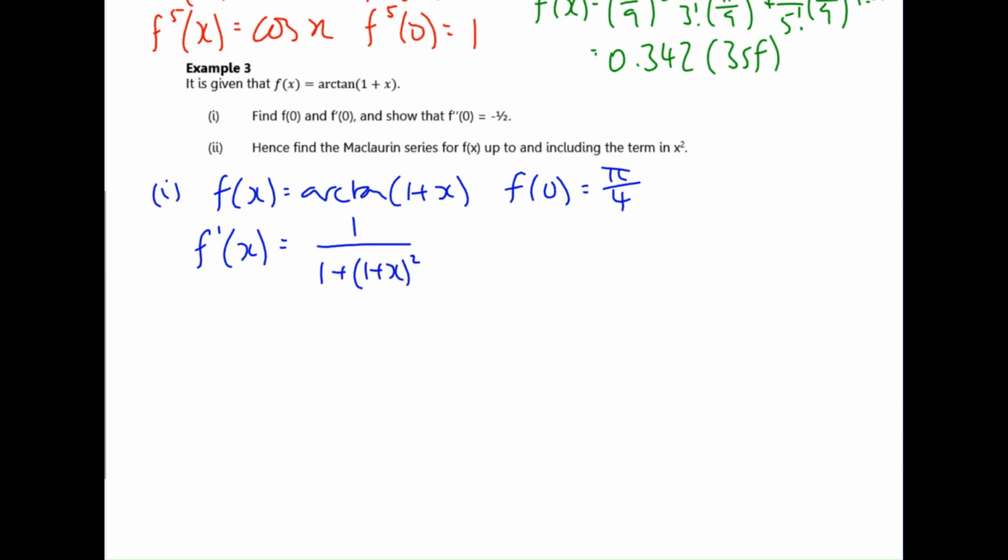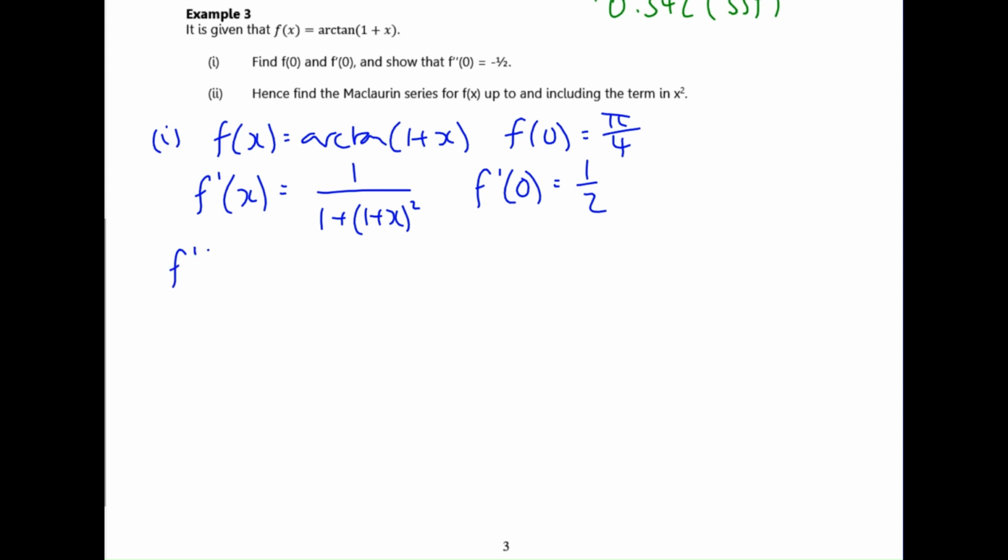So when you differentiate arctan x, you get 1 over 1 plus x squared. In this case, we've got a 1 plus x instead of that, so if I substitute this in, there's no number in front of the x to worry about for the chain rule. So I can just sub that straight in, and this is my f dashed x. I can evaluate this at 0, so if I sub in x is 0 into this, I'll get 1 over 2. Obviously it's a half.